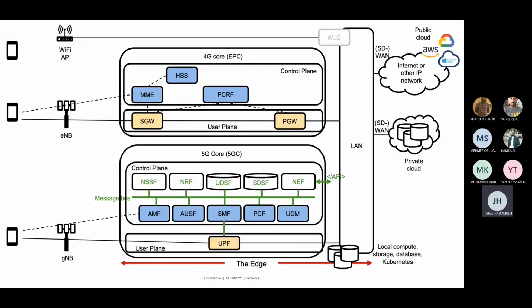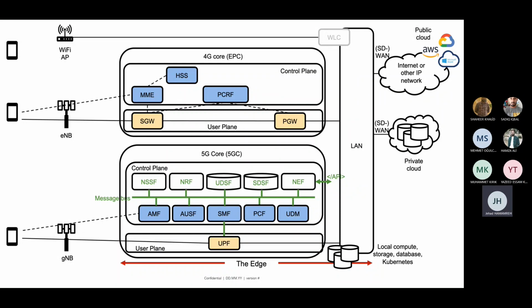Now, the 5G core has the same functionalities as the 4G core, but as you can see, the names here are completely different from 4G. So there is renaming, rebranding of the functionalities inside the 5G core, but basically they are doing the same functionality. They are achieving the same goal.